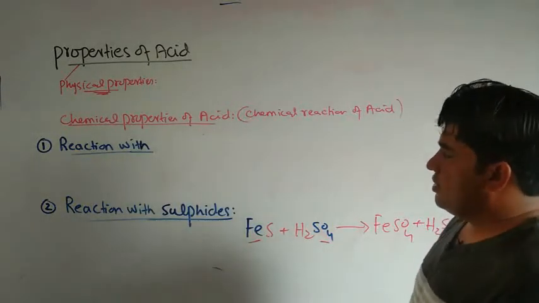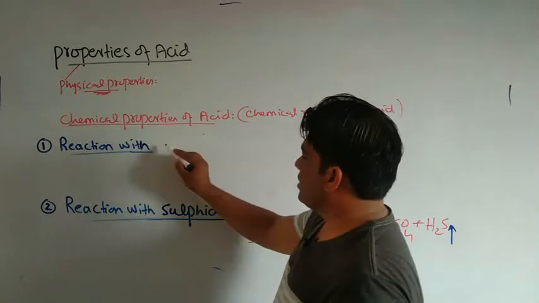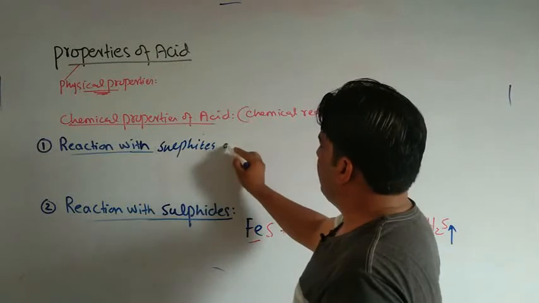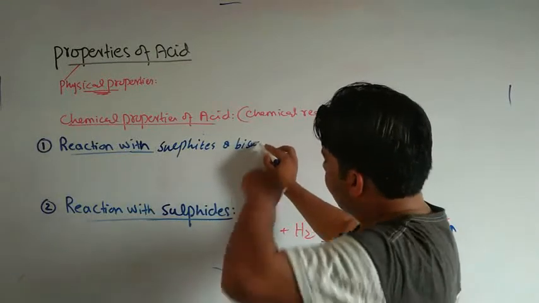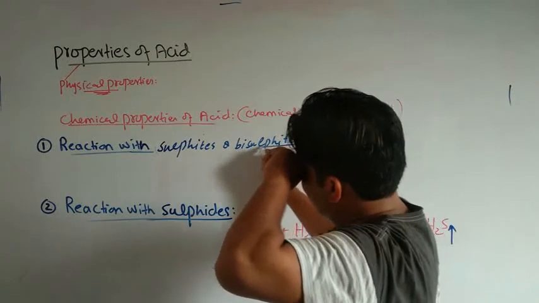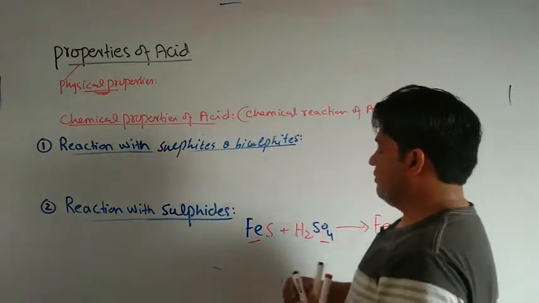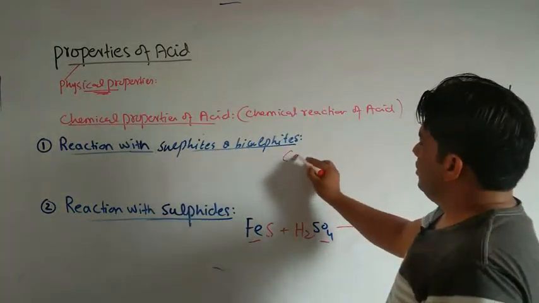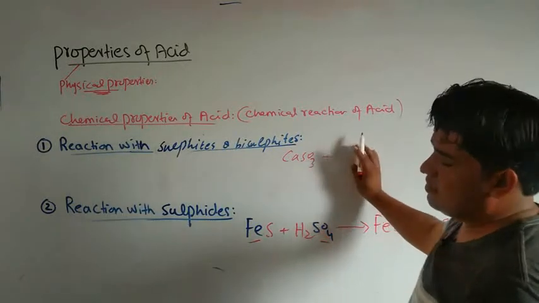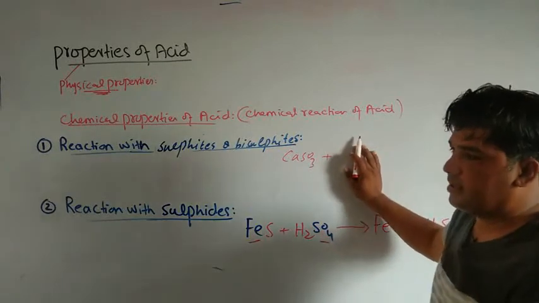So one of the last reaction, that is reaction with sulfides and bisulfides. Sulfides and bisulfides. When calcium sulfides react with acid, you know there are two acids react here.